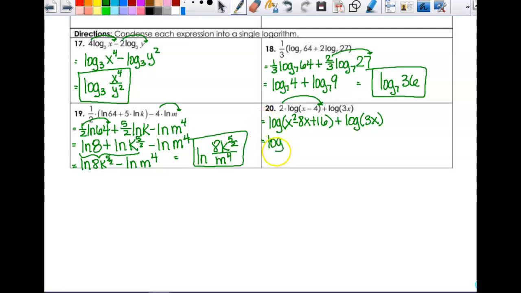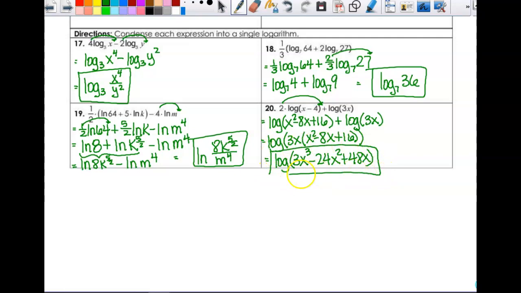I multiply, so that's going to be the log of 3x times x squared minus 8x plus 16. Then I'm going to distribute that, so that gives me log of 3x cubed minus 24x squared plus 48x. And all of those parentheses are important.